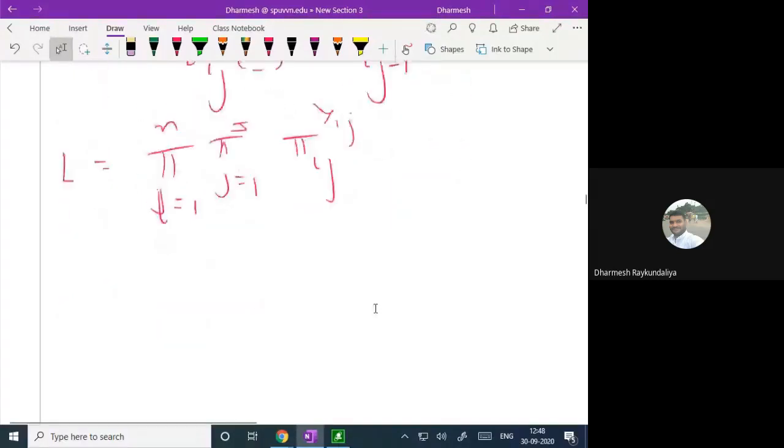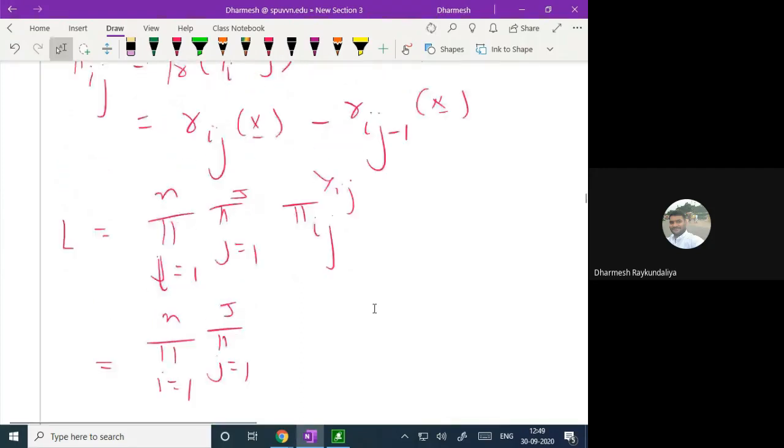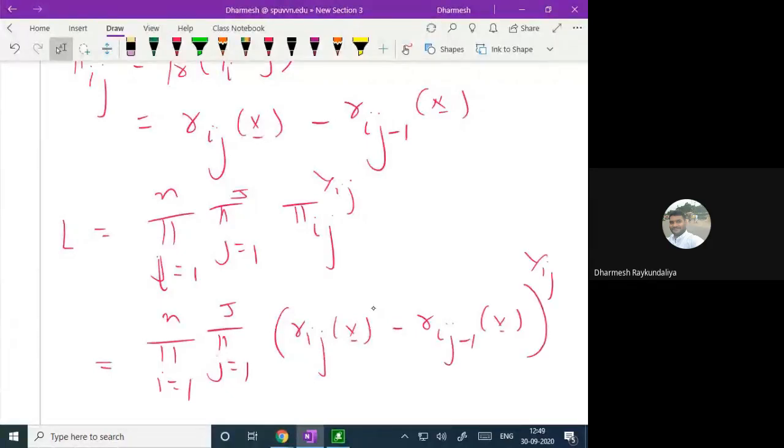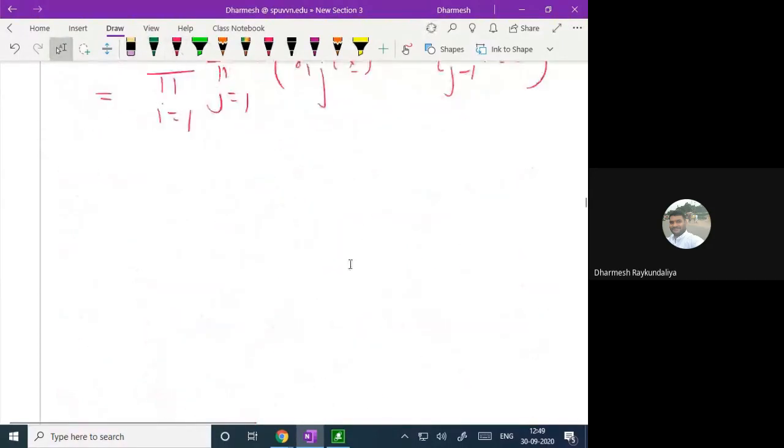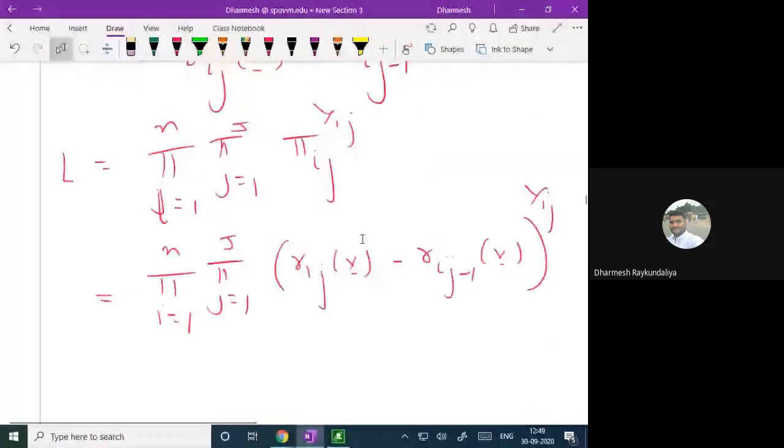But pi ij can be calculated using this: pi ij is nothing but gamma ij x minus gamma ij minus 1 x, raised to yij. Just substitute gamma ij by the corresponding probability, and you can easily obtain it. Then perform the iterative procedure and obtain the estimates of the parameters.